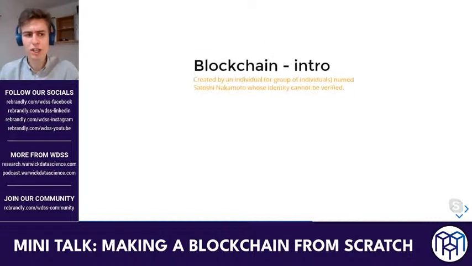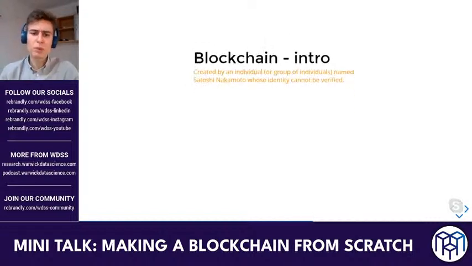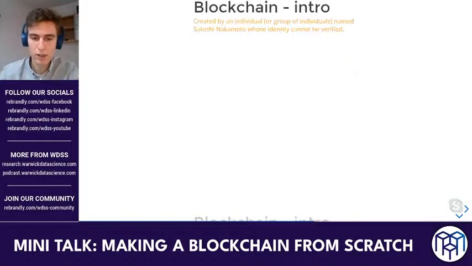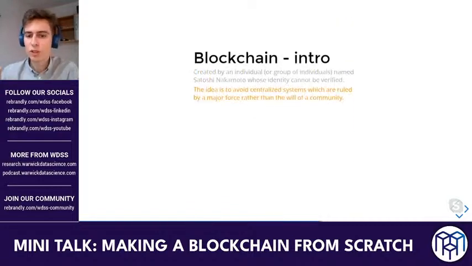So about blockchain, it was created by an individual, Satoshi Nakamoto, who is actually anonymous. The idea was to avoid centralized systems. So you are all familiar with centralized databases storing information. Someone is managing that database, but with blockchain, you would have a network of people storing information on their end and having a protocol of communication to agree on what's good.